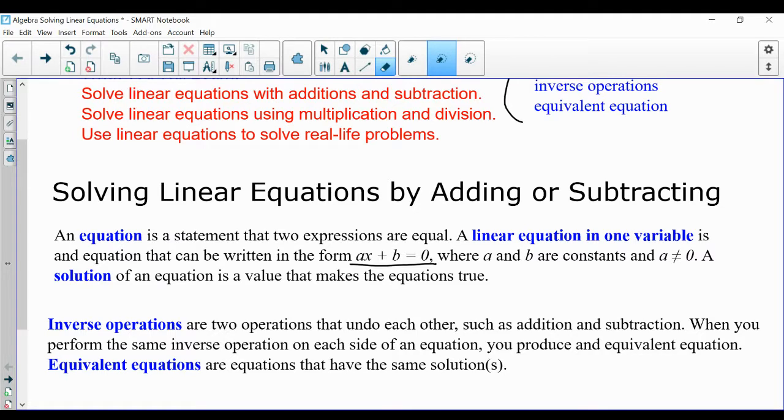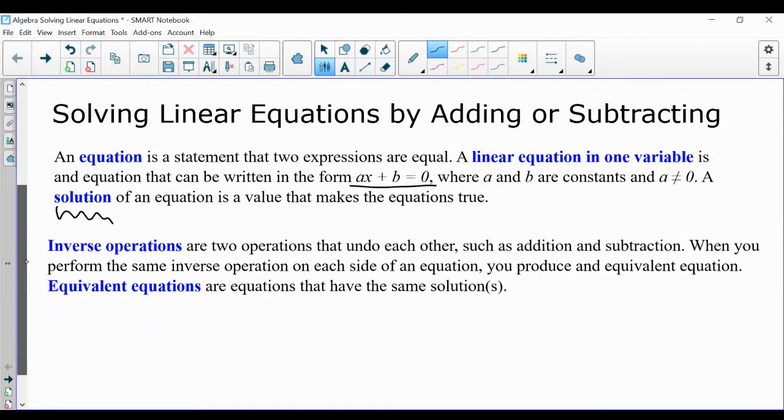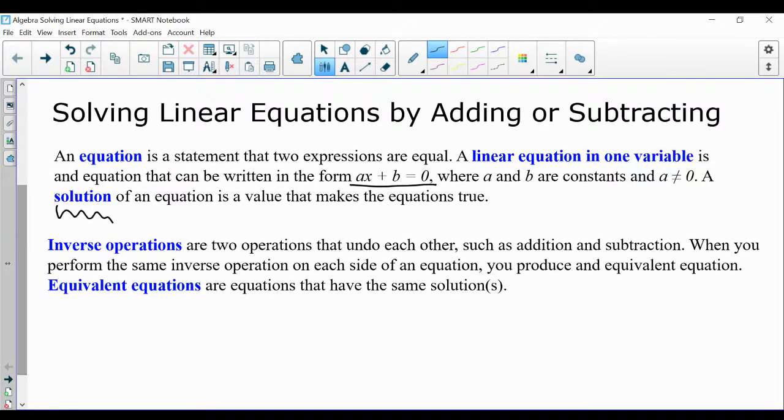A solution of an equation is a value that makes the equation true. So if we solve down and have x is equal to 2, that means it's the 2 that makes both sides true. Inverse operations, which you have worked with before, are just two operations that undo each other.